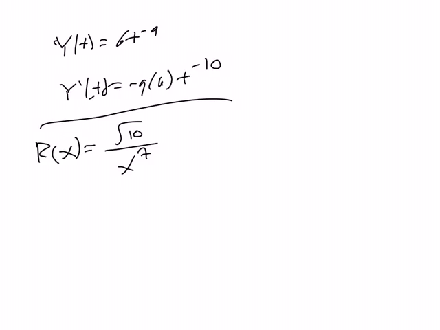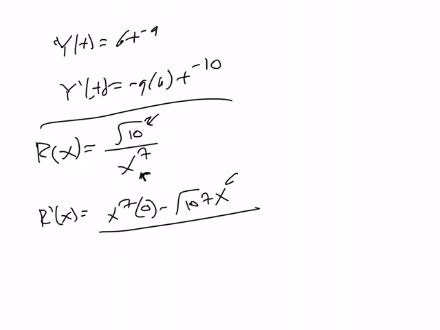So r prime of x, using the quotient rule, right, we take x to the 7th times the derivative of the square root of 10, which is 0, minus just the square root of 10 times the derivative of x to the 7th, which is 7x to the 6th power, and then we take this and just add a squared over here. So this is x to the 7th squared.